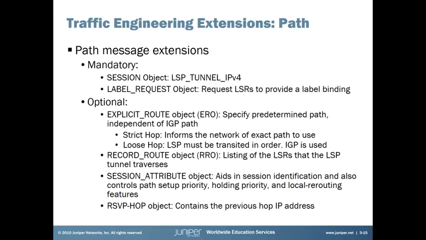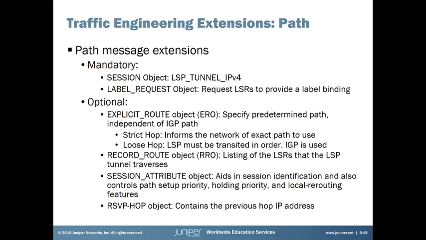It allows the LSP to go through one particular router, but then use the IGP to determine the rest of the path. The record route object lists all of the label-switching routers that the LSP traverses.